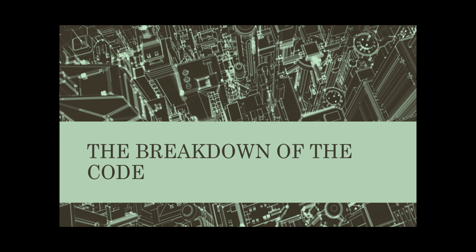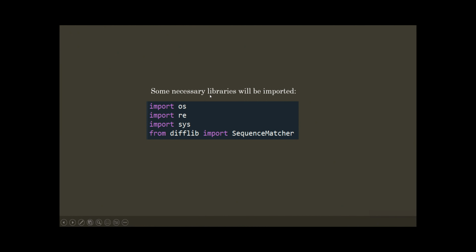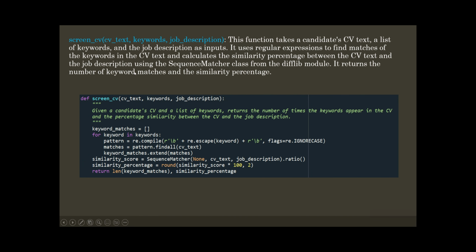Now I would like to show you the breakdown of the code. As you can see, there are some necessary libraries that will be imported. There are four of them, and we use the difflib library for the SequenceMatcher. These are the functions that we use, the first being screen CV.